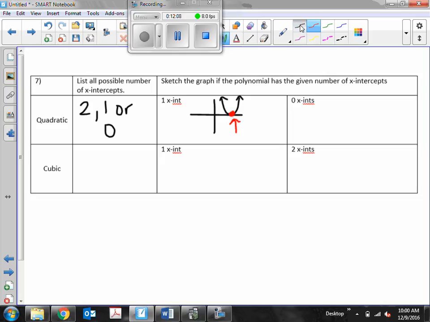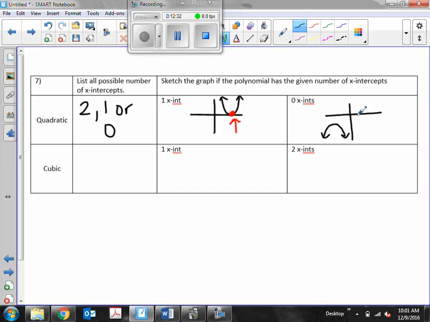I could also have no x-intercepts or 0 x-intercepts. That means that your quadratic would never, ever touch. So an example of that could be something that looks like this. It starts at the bottom, continues at the bottom, and it never touches the x-axis.